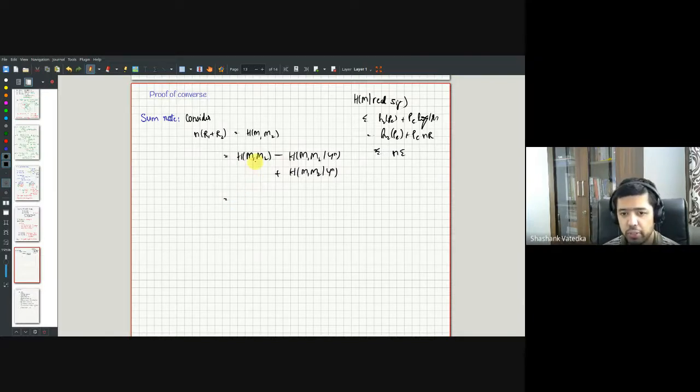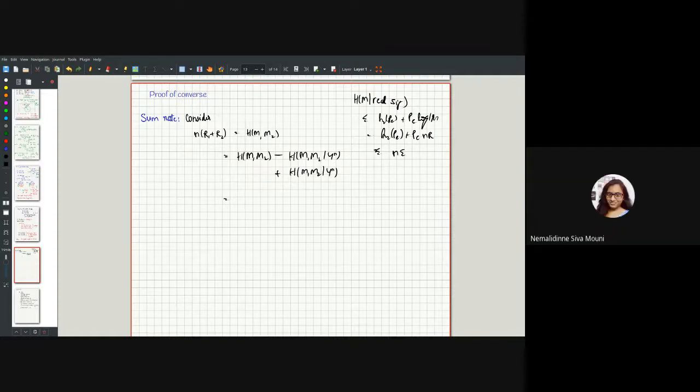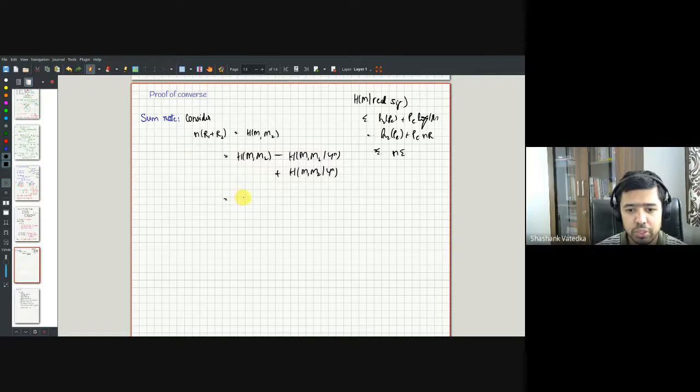It's h of M1, M2 minus h of M1, M2 given Yn. Mutual information. Correct. So it's the mutual information between M1, M2 and Yn.